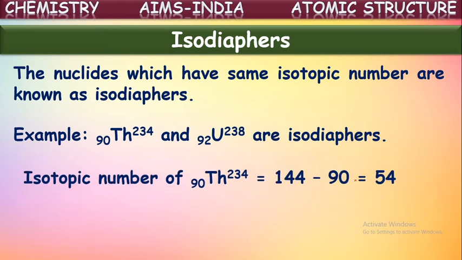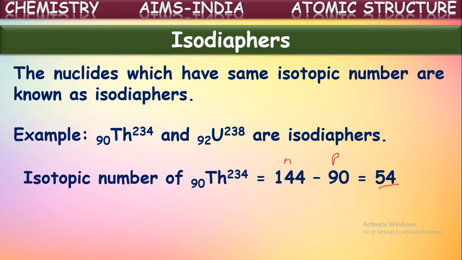If we say isotopic number of thorium, how do we get it? Its number of neutrons: if you subtract this 90 from 234, we get its number of neutrons as 144. And its atomic number or number of protons is 90. So we get the difference between the number of neutrons and protons as 54.